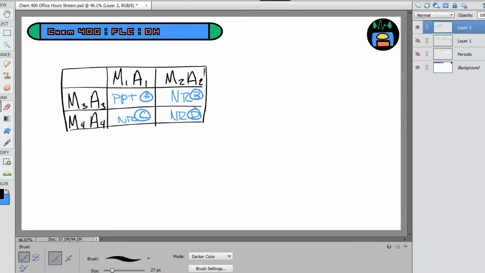For example, if you look at A, it is M1, the metal 1, anion 1 mixing with metal 3, anion 3, and we know that these are aqueous.